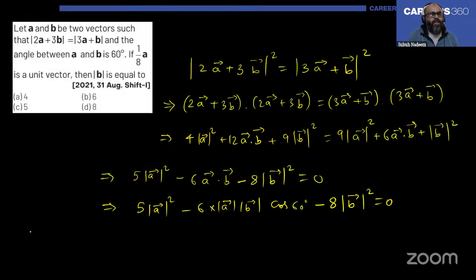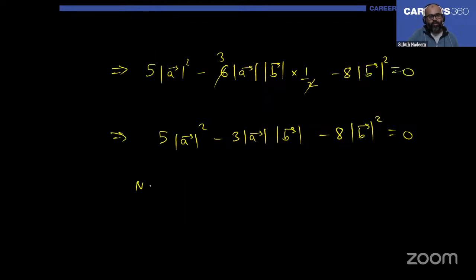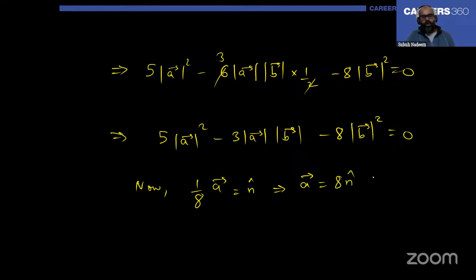Now what else is given there? If 1 by 8 A is a unit vector, okay? It is given that 1 by 8 A is a unit vector. So this implies A is equal to 8 n cap, and we can say that mod of A will be equal to simply 8.